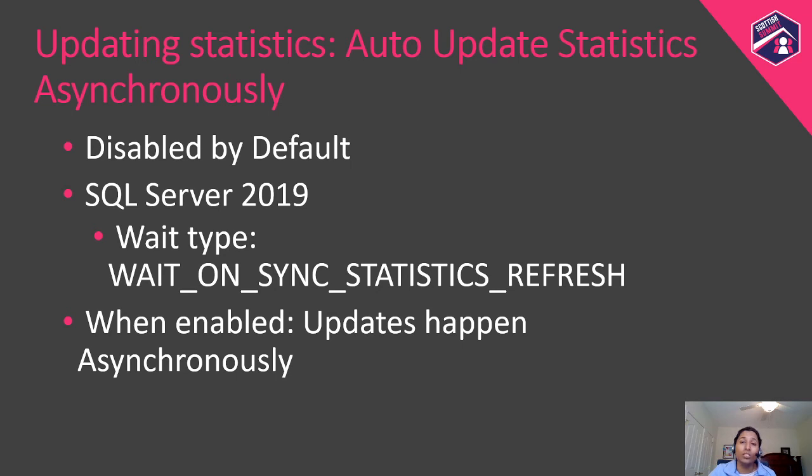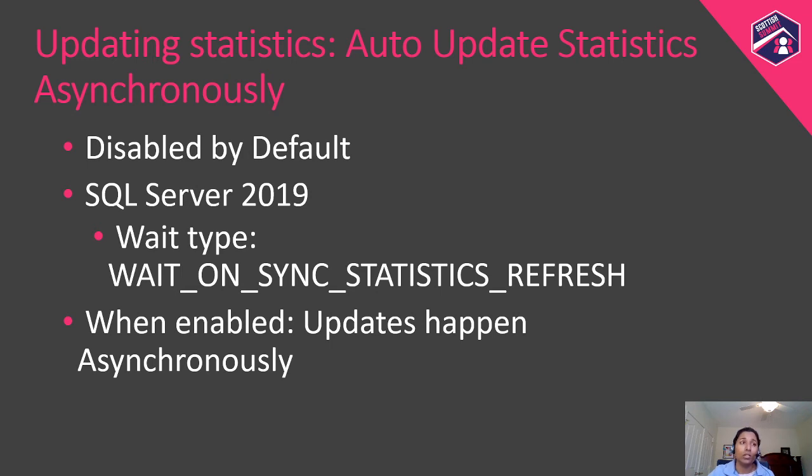And let's talk about auto update stats asynchronously, right? This option is disabled by default. Whenever your auto update stats is turned on, while your stats are getting updated, we'll see a wait type in SQL Server 2019, which is wait on sync stats refresh.